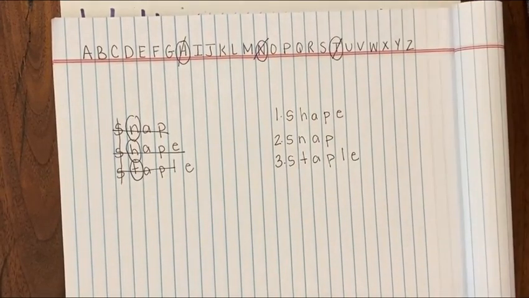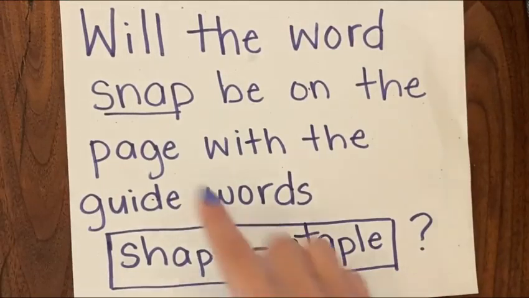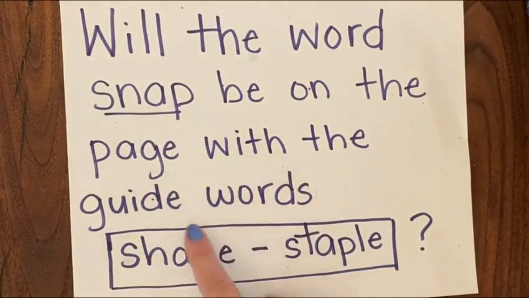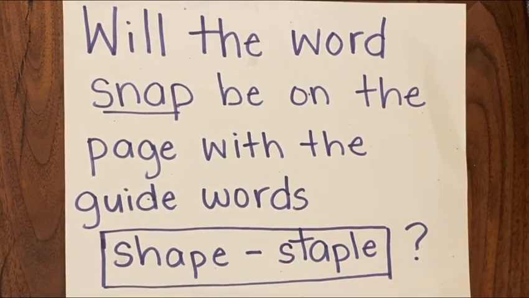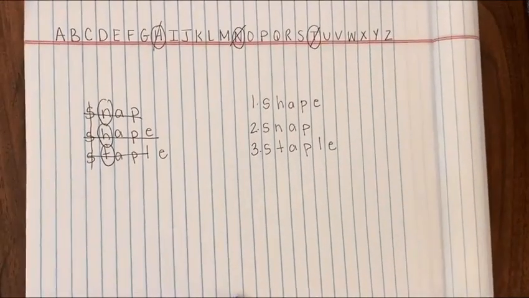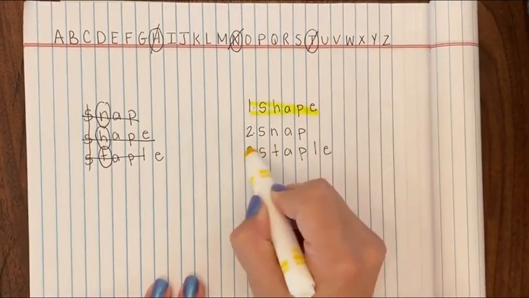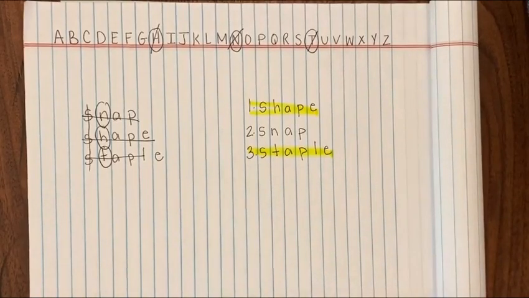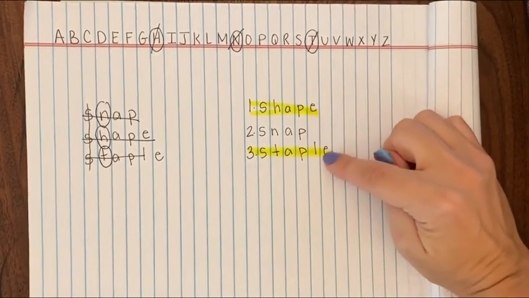Now, my words are in ABC order, but that's not what this question asks. This question asks if snap will be on the same page with the guide words shape and staple. So I'm going to go back to that list that I just made in ABC order, and I'm going to highlight my guide words, which in this case are shape and staple. All right. In this case, snap comes between shape and staple.